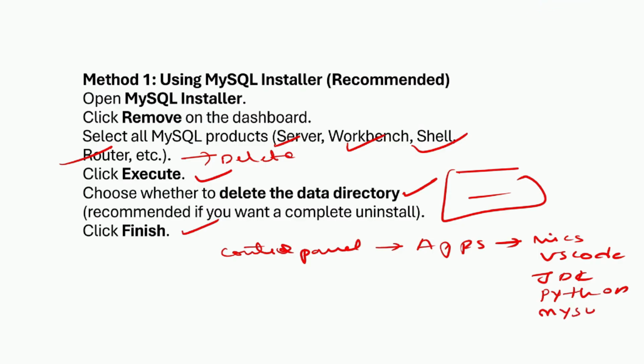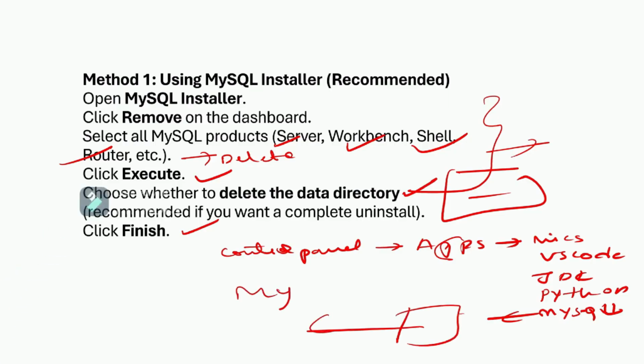Like that, MySQL software will also be visible in that list. So if it is not uninstalled from anywhere, you can uninstall it from the Control Panel, so that MySQL will be completely uninstalled from the system. So this is the way you install and uninstall MySQL Workbench. Next, we are going to see the MySQL intro and learn everything step by step.